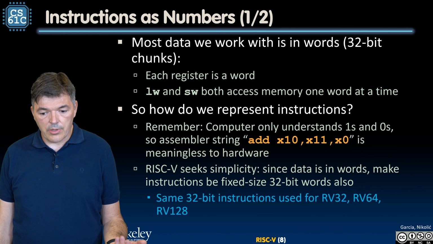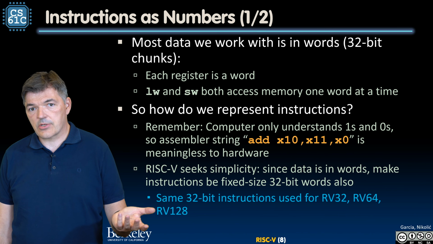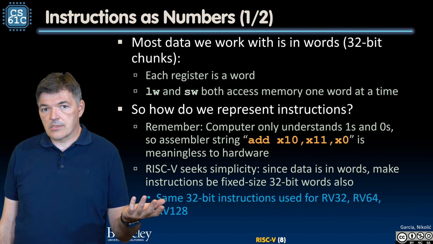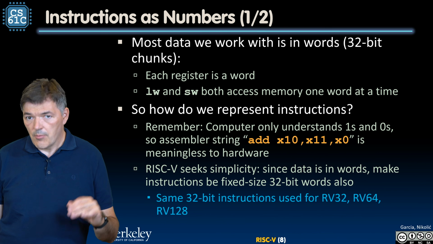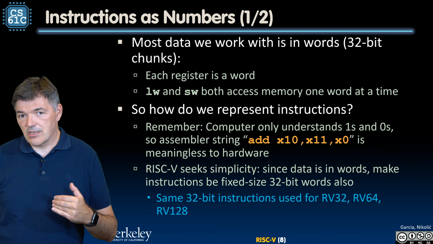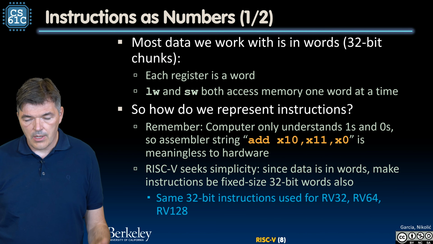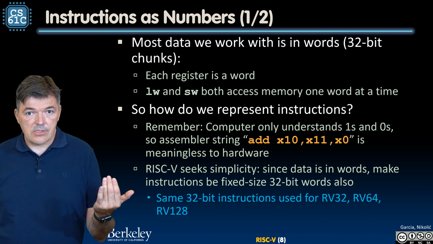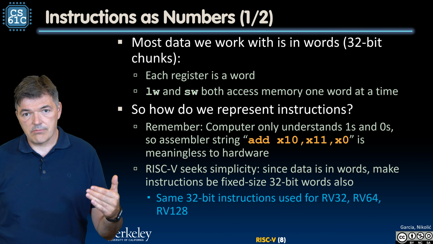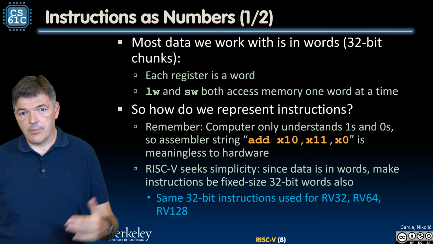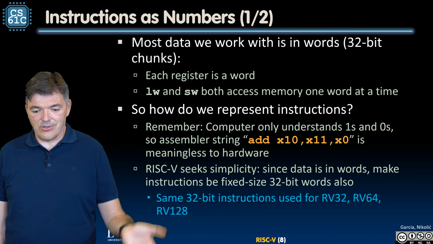So the computer works with ones and zeros, and we have seen that the very base instruction set has only about 40-ish instructions, maybe a little bit less. But the RISC-V ISA gets extended with a few hundred additional optional extensions. Each of these instructions should get its binary representation. So we can number them, perhaps add can become instruction 1, sub maybe instruction 2, add immediate maybe instruction 3, and so on.